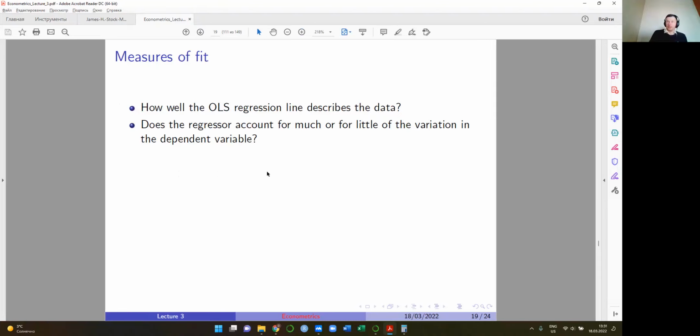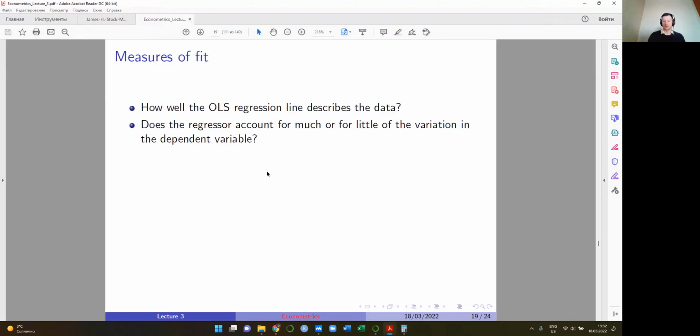Well, the intuitive question is how well this regression is able to explain the variation in the dependent variable. So if the dependent variable changes, can the regressor X explain this change well, or does it fail to explain this change?